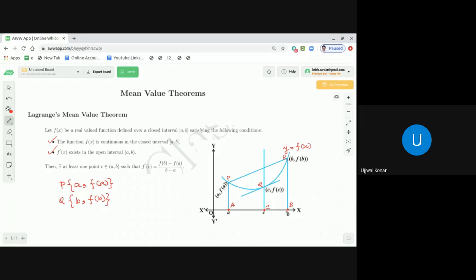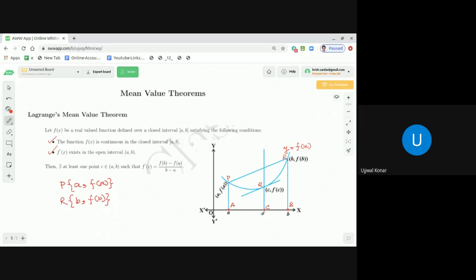In a similar manner, from the point B, if you draw a perpendicular and it intersects the curve at the point R, then we can say the coordinate of the point R is B, comma, f(B). It is actually not Q, it is actually R. This is the point R.